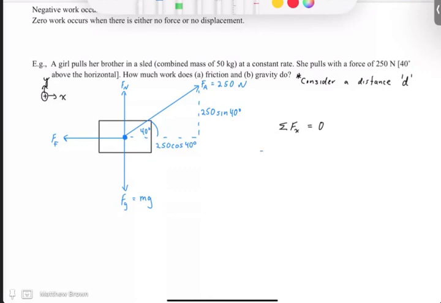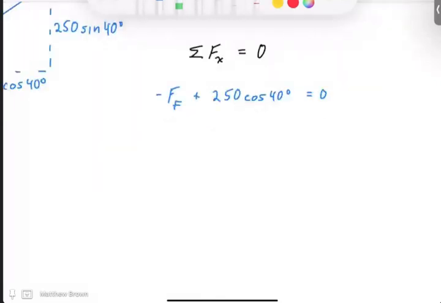So I've got minus the force of friction plus 250 cos 40 degrees equals 0, which just means the force of friction, if I take that to the other side, that would make it positive, is just equal to 250 cos 40, which I can work out, which is 191.5 newtons.